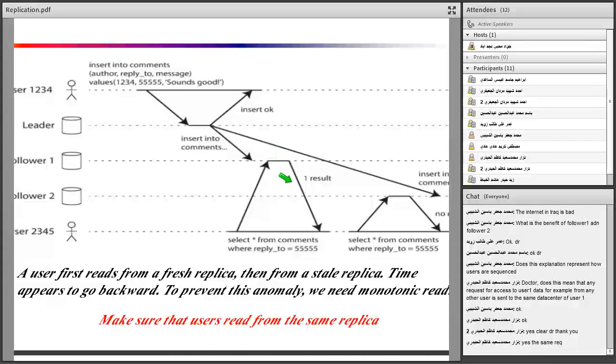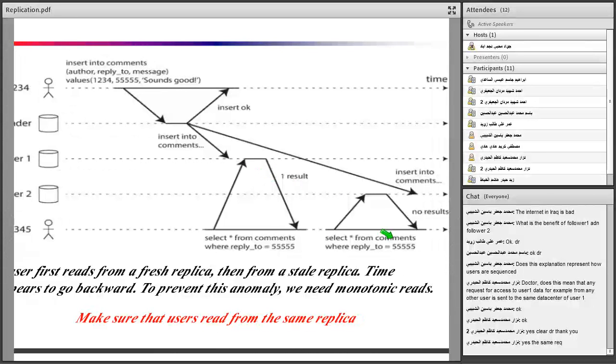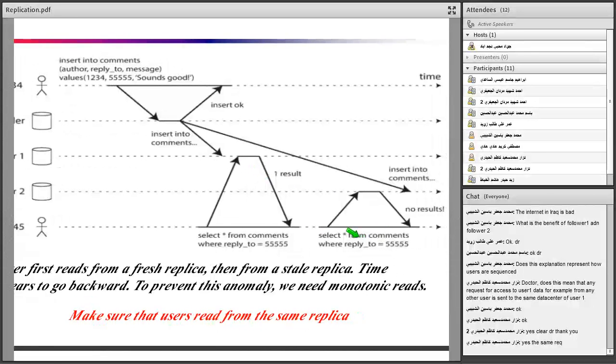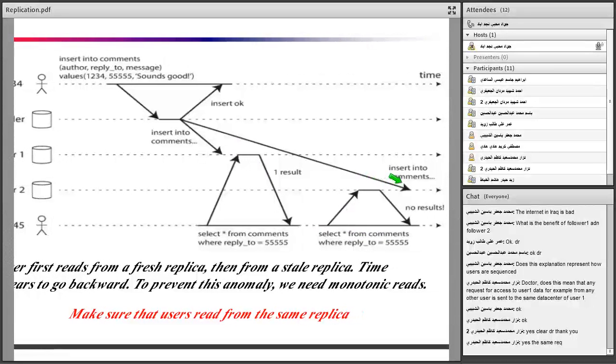Follower 1, which has the latest updated information, returns one result, but follower 2, which does not have the updated data, cannot return any result.